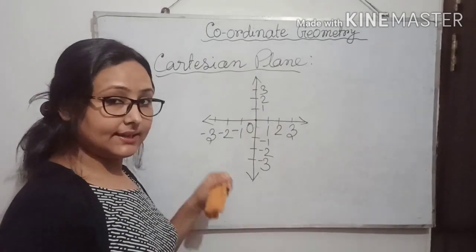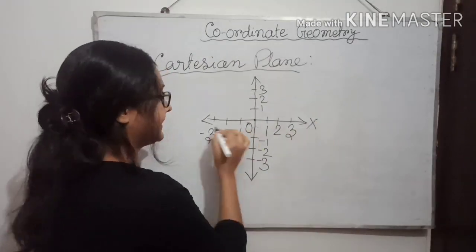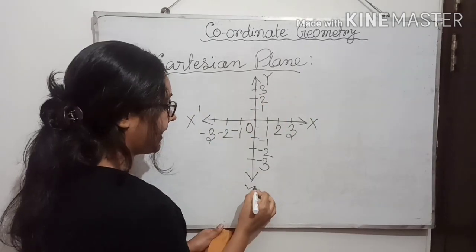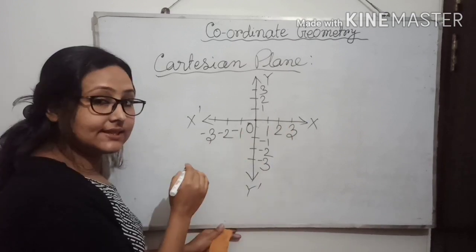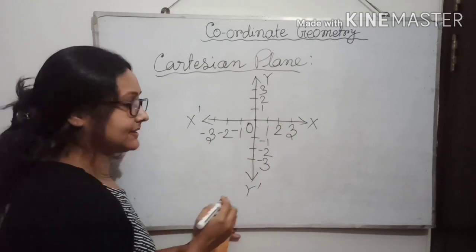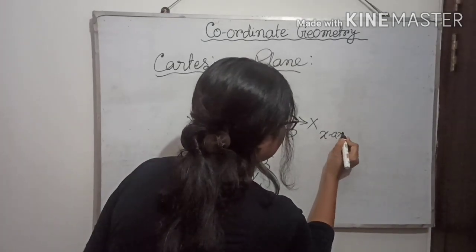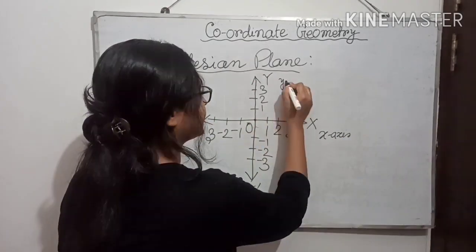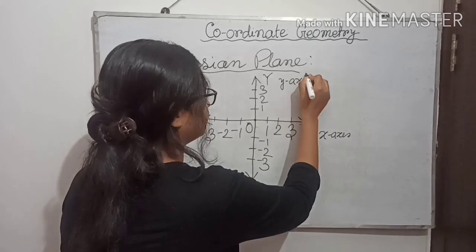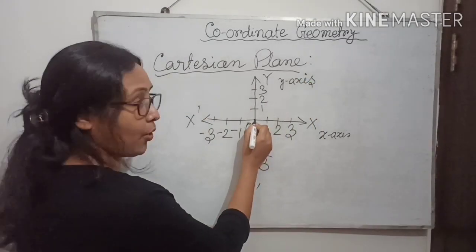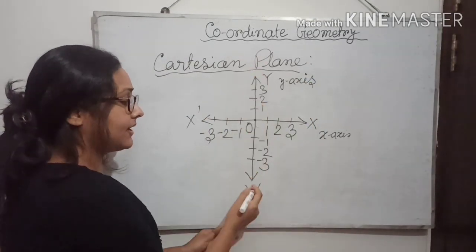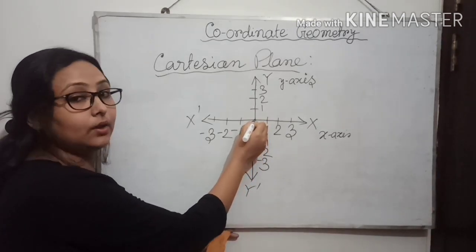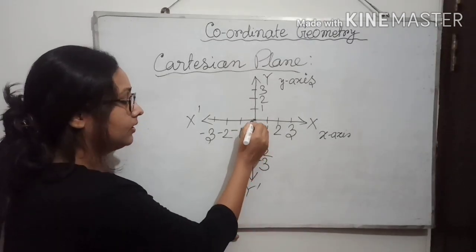So the horizontal number line is named X'X and the vertical number line is named Y'Y. The X'X line is also called the x-axis and the Y'Y line is also called the y-axis. And the point where the x-axis and y-axis intersect each other is called the origin and is denoted by O. This is the point O.